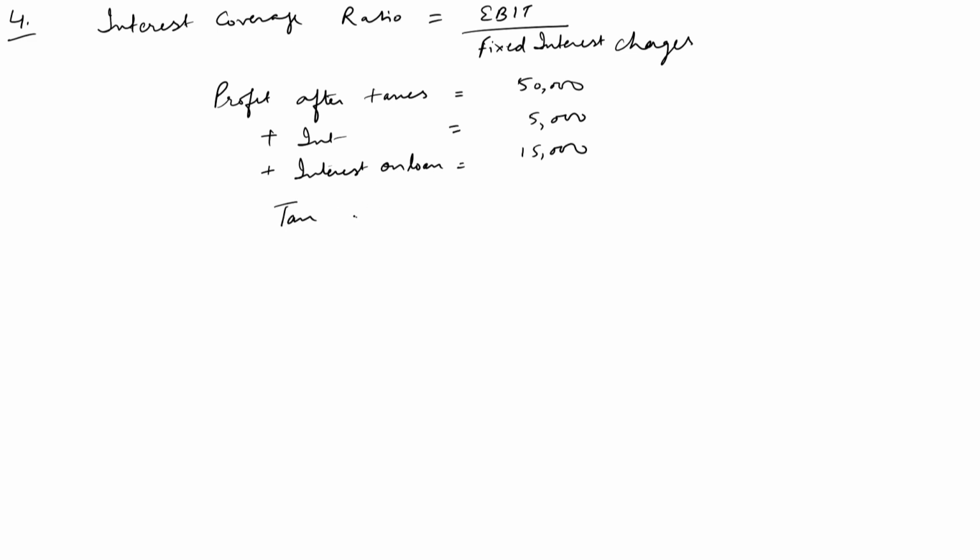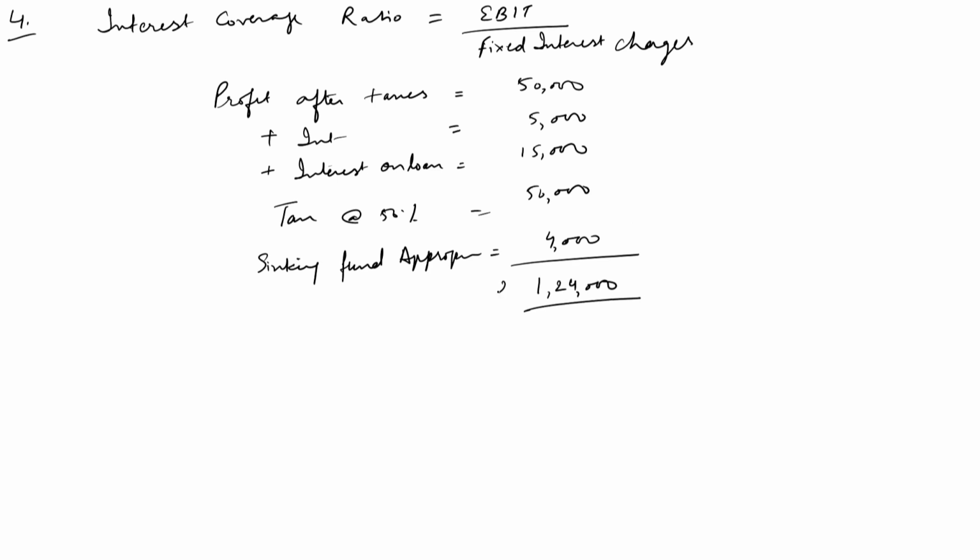Tax, which is given in the question at the rate of 50%, means again a 50,000 amount. And the last is sinking fund appropriation, which is 4,000. So the total of all these items comes to rupees 1,24,000. This 1,24,000 is my EBIT, earnings before interest and taxes.